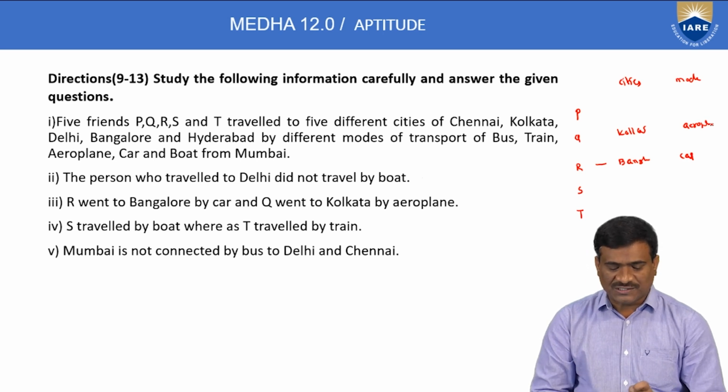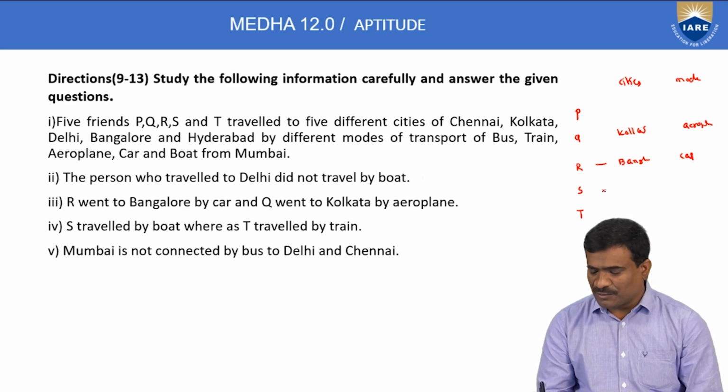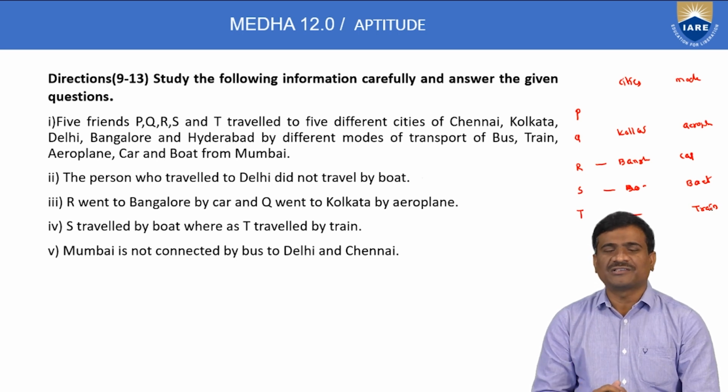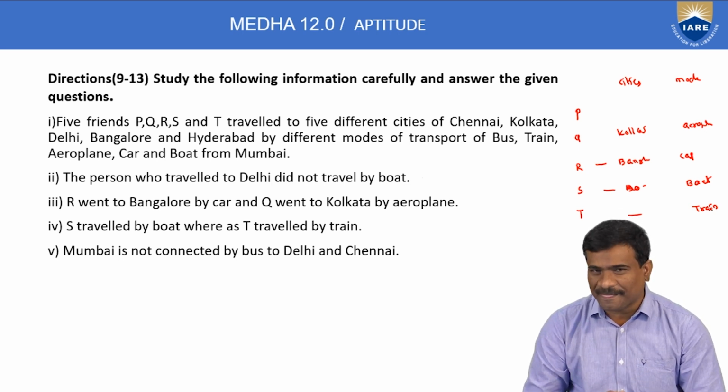Next, the fourth statement: S traveled by boat, but the city is not given. T also traveled by train. Logic: Q aeroplane, R car, S boat, T train. All conditions are given except P.